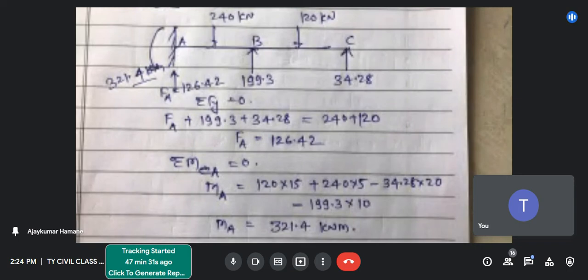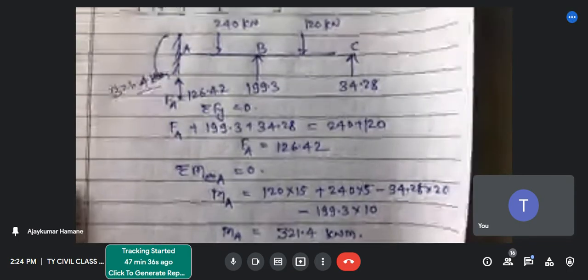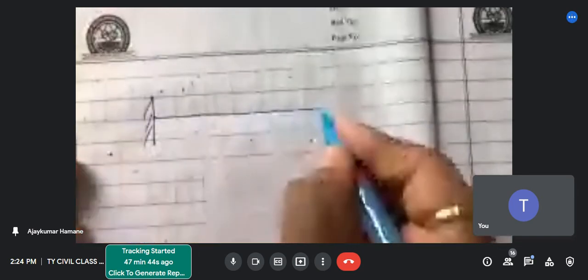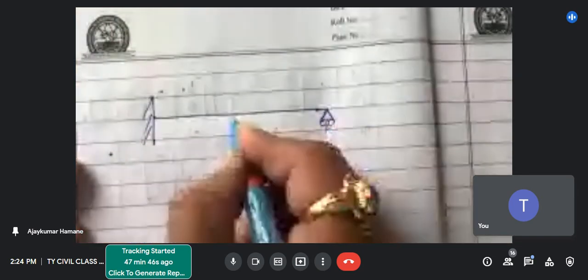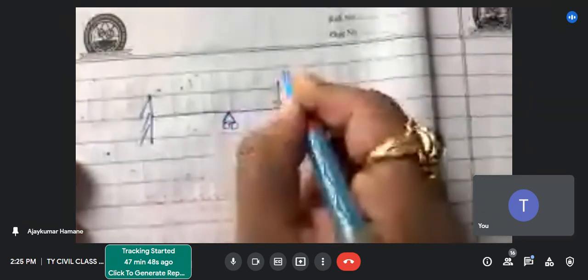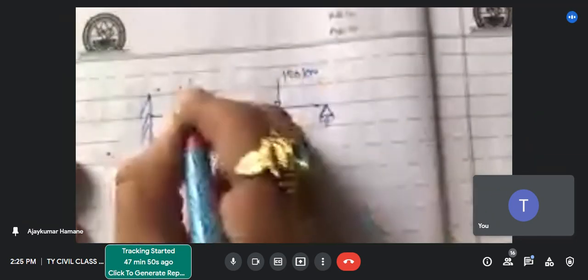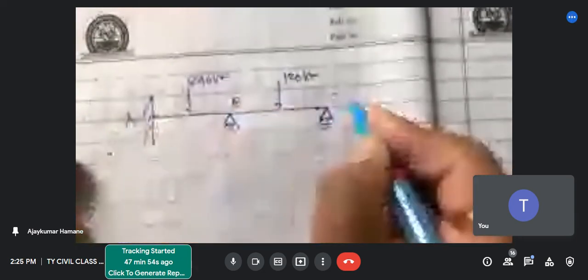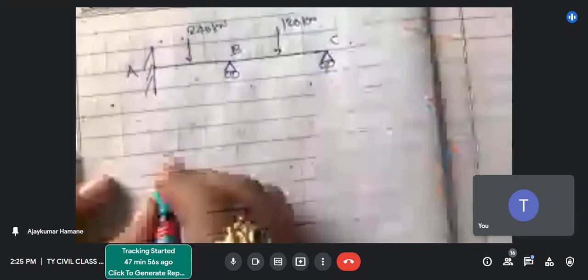So you can do it by using this formula approach also. So like how we have solved earlier. That means suppose this is a cantilever and we have a roller support here, 120 kilonewton, 240 kilonewton, correct? A, B, C.